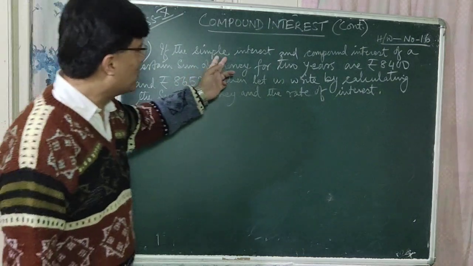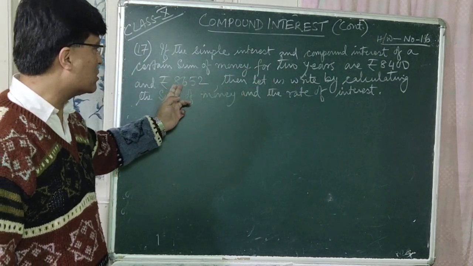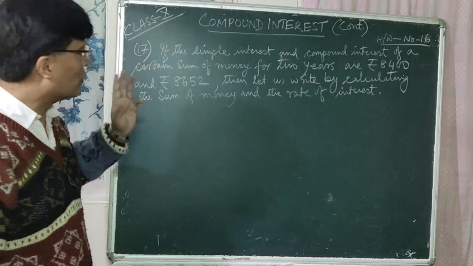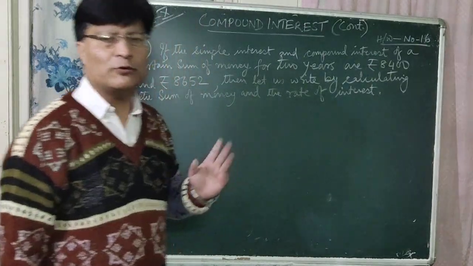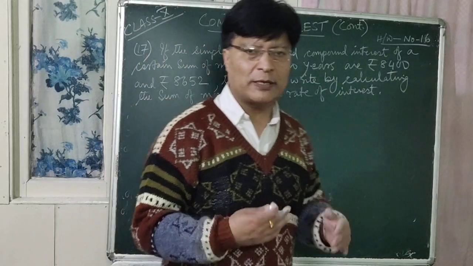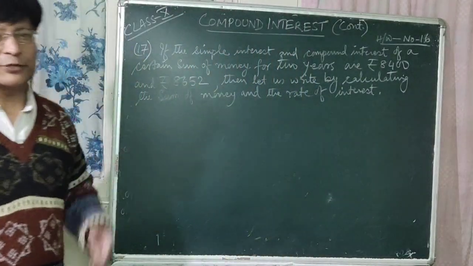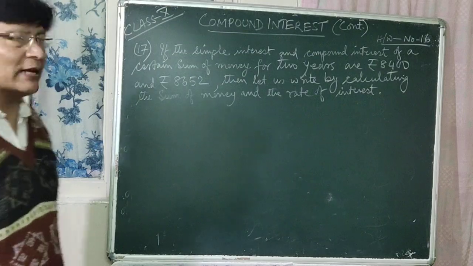Right? So you have to find out the sum of money and the rate of interest. Sum of money means you have to find out the principal and you have to find out the rate of interest per annum. So let us calculate it.